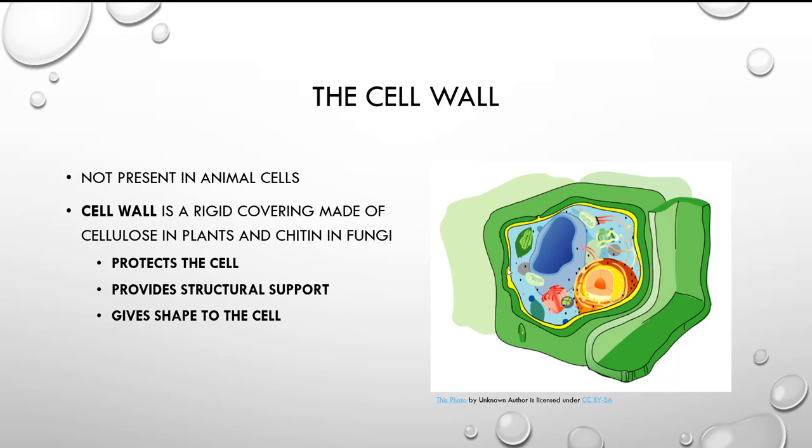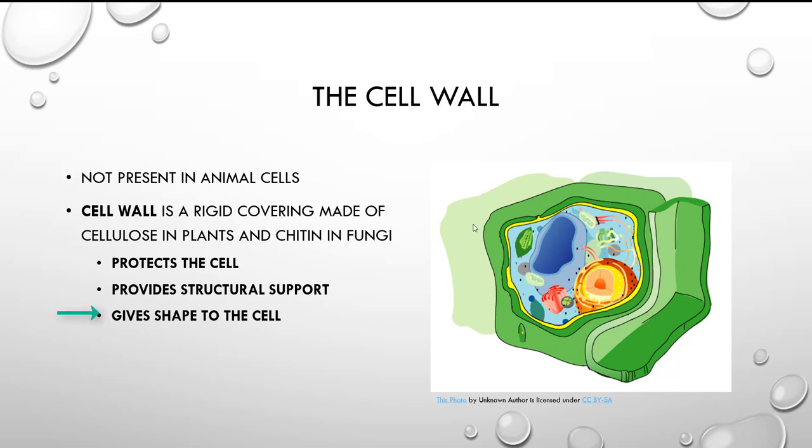So cellulose is the polysaccharide that makes up the cell wall in plants. It's chitin in fungi. And that cell wall has 3 jobs. It helps protect the cell because plants can't protect themselves by running away. So it helps protect the cell from bacteria and stuff like that. It provides structural support, it helps hold it upright.